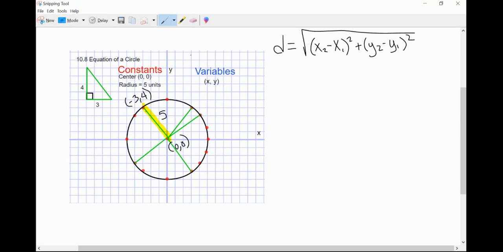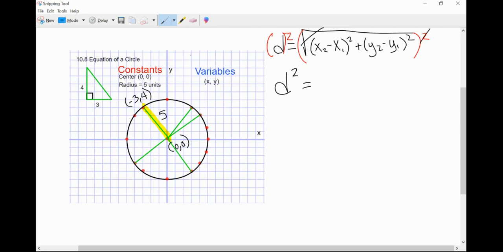Now, what I want to do is tweak it a little bit. So I'm going to square both sides. So I have d squared, and I'm also going to square the other side. And that's going to give me a new formula, which is d squared is equal to, the square root and the squared are going to cancel each other out.